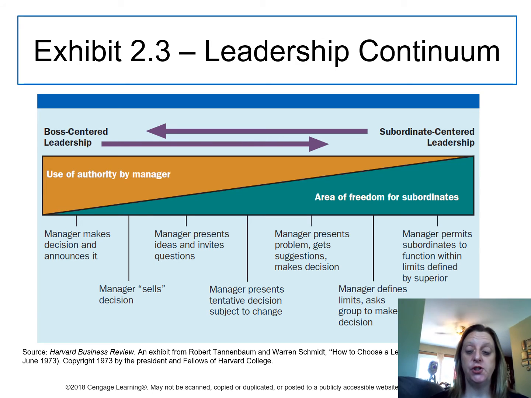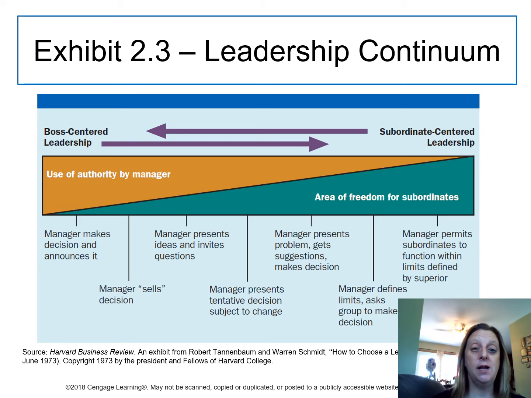Other research has shown that leadership behavior may actually exist more on a continuum that reflects different amounts of employee participation. So in other words, one leader might be autocratic or boss-centered in this model, and another might be more democratic or subordinate-centered.